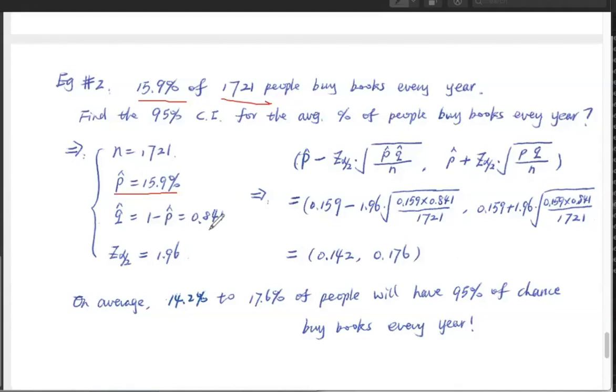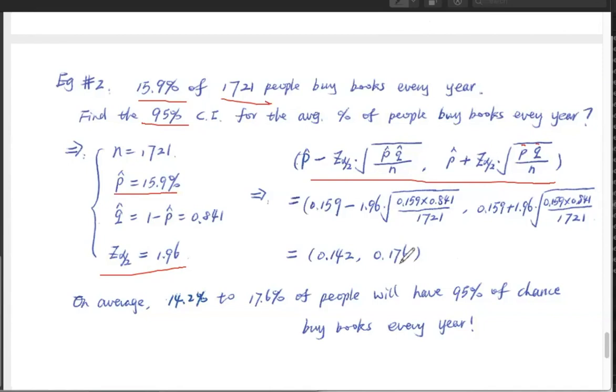That's the proportion. And for the Z alpha divided by 2, because we are using this formula, we need to find this Z. Because we are using 95%, it's 1.96, right? So we know there's a P hat and a Q hat here, right? So we plug in all the numbers, and we find 14.2% and 17.6%. So what do we say?